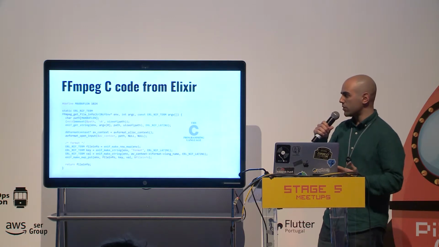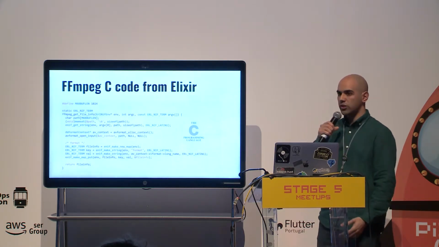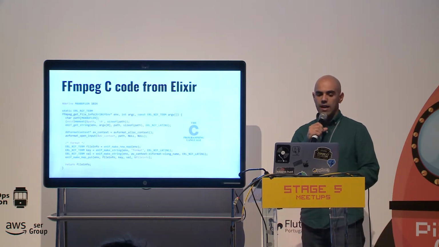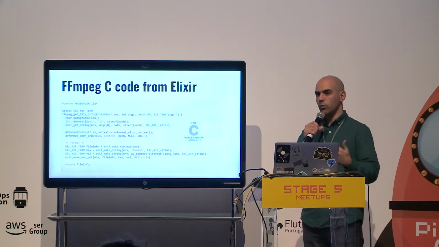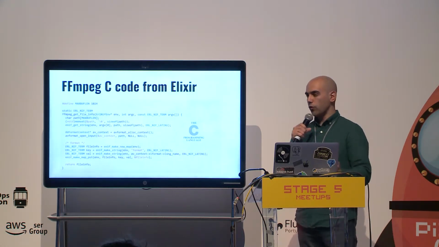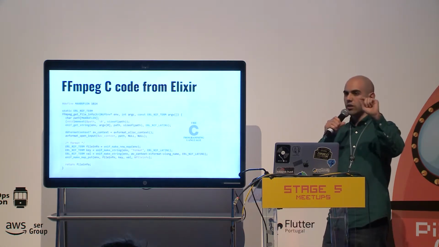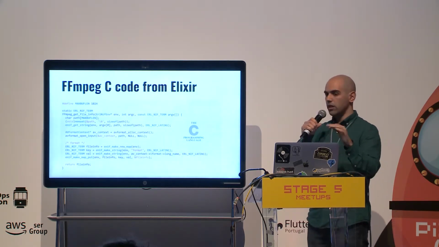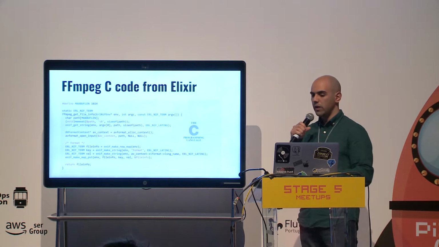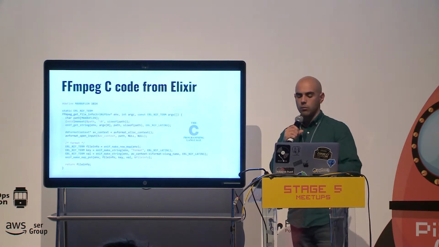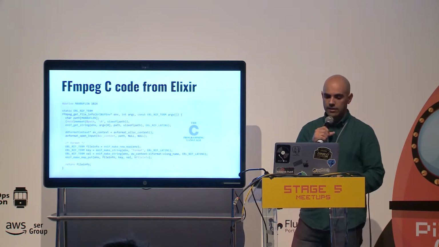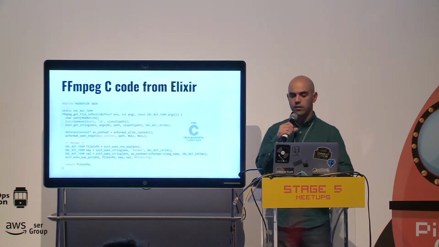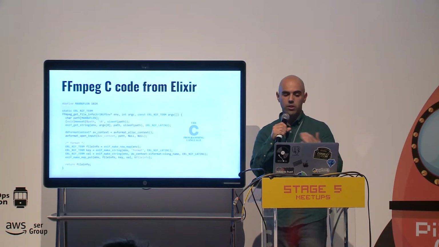In this case, I'm using the enif_make_new_map function to create a new map from the C land into the BEAM side. I then create two strings, one for the key, one for the value, one for format. So basically, in this toy example, you'll have a hash map with the key being format and the value being, I don't know, QuickTime or MP4. And then you put that key with that value into the same file_info variable, which was the map.